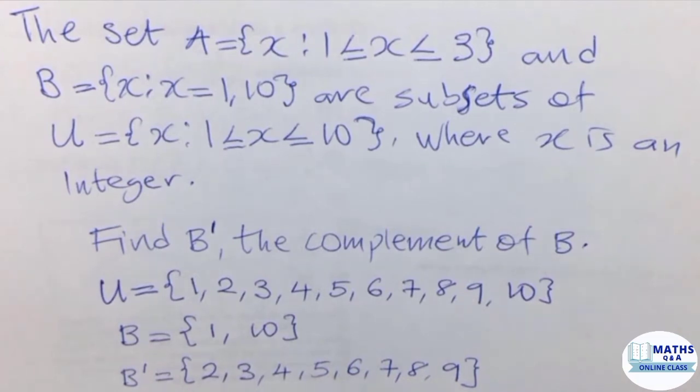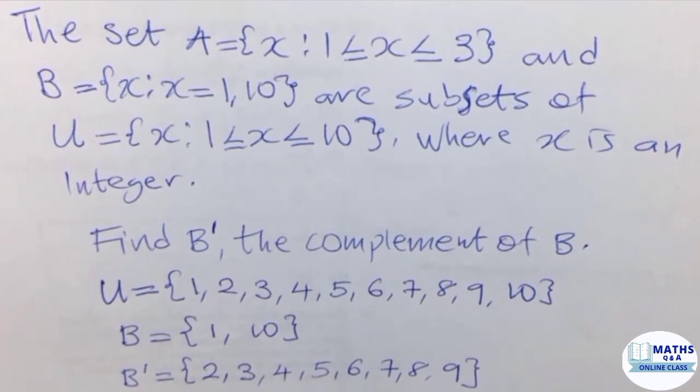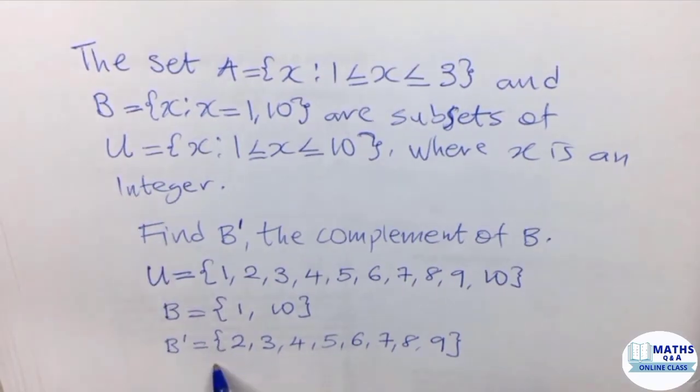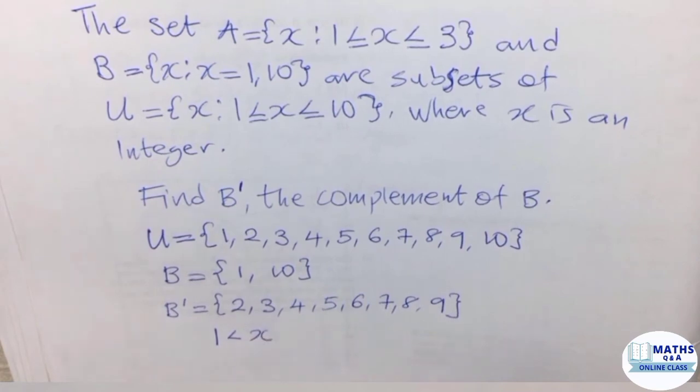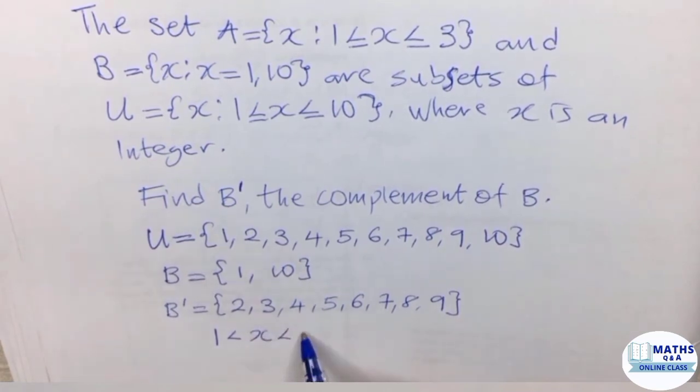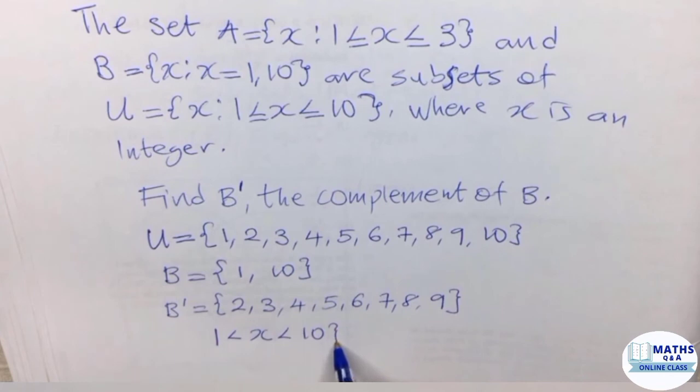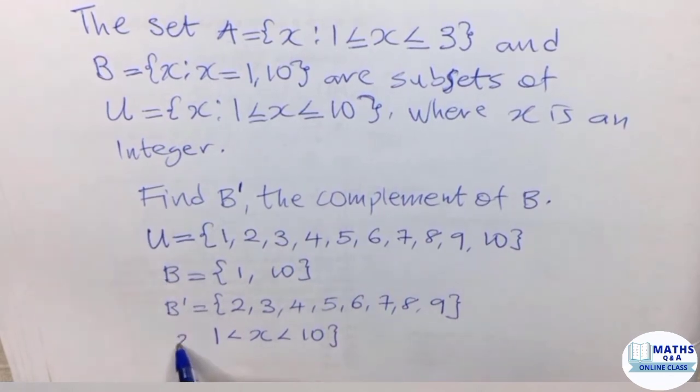Now we can rewrite B complement in a set builder notation form. We can start from 1, but we cannot include 1, and then we end at 10.